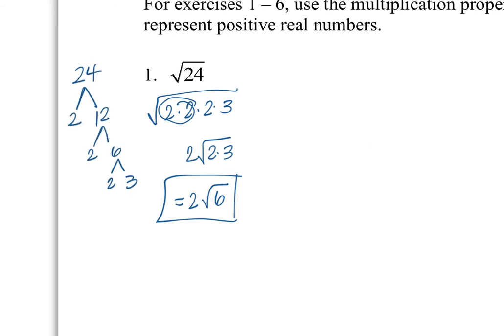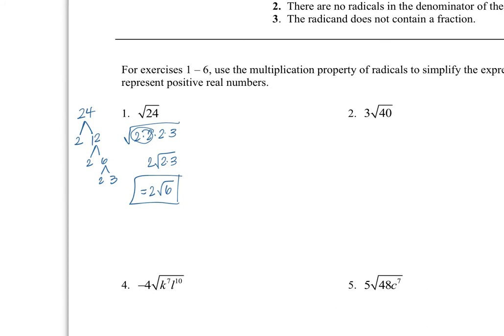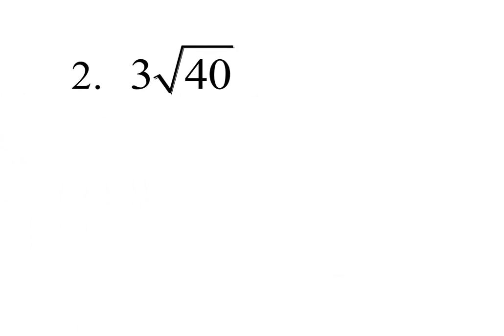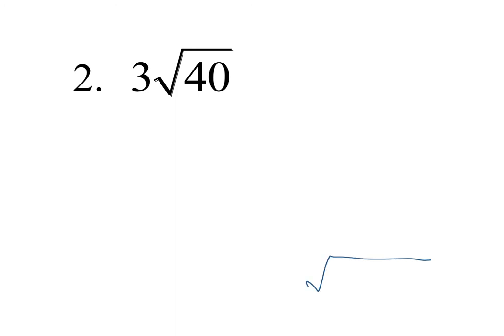Let's try the next one. Okay, so we have 3 times the square root of 40. Now, I'm going to do some scratch work down here. The 3 is already on the outside of the radical, but for 40, let's draw a factor tree really quickly. 40 is 2 times 20. 20 is 2 times 10. 10 is 5 times 2.